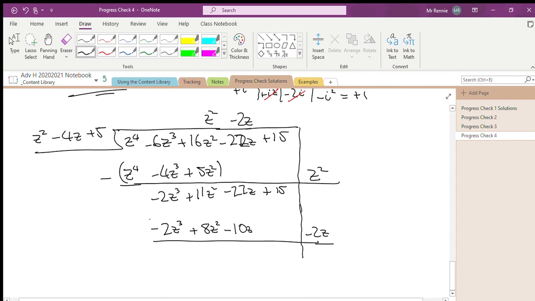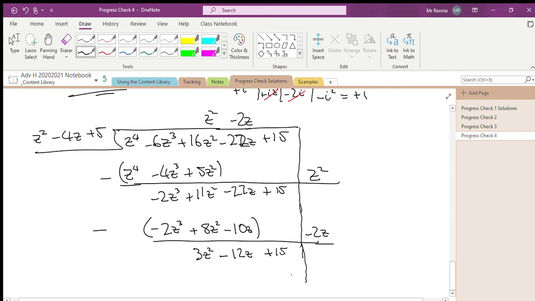And remember, I am subtracting everything from here. So the z cubes cancel. 11 subtract 8 gives me 3z squared. Negative 22, take away negative 10 is negative 12z plus 15.